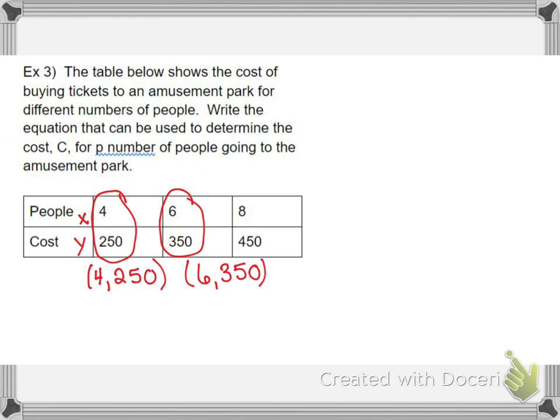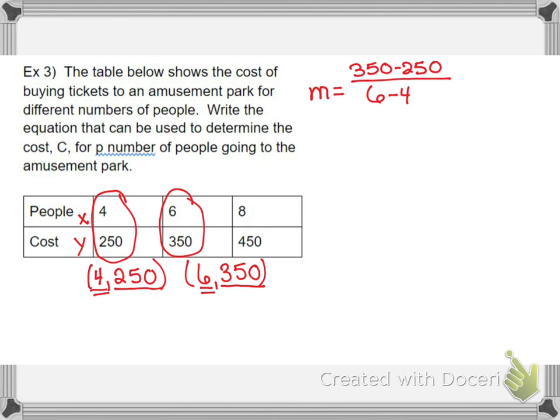So in order to find the slope between those 2 points, we're going to use our slope formula, which was y2 minus y1 over x2 minus x1. So we're going to take 350 minus 250, and we're going to divide that by 6 minus 4, so x minus x.